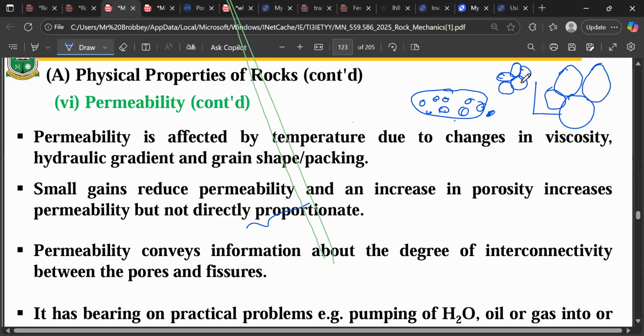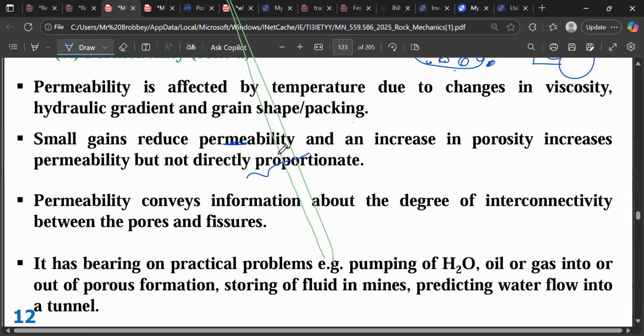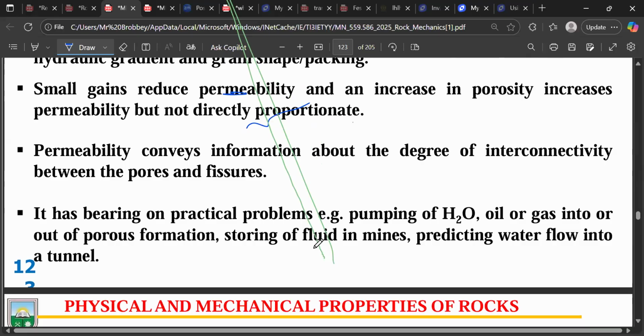That is why we are saying that small grains reduce permeability. And we're also saying that an increase in porosity does not proportionately mean higher permeability.